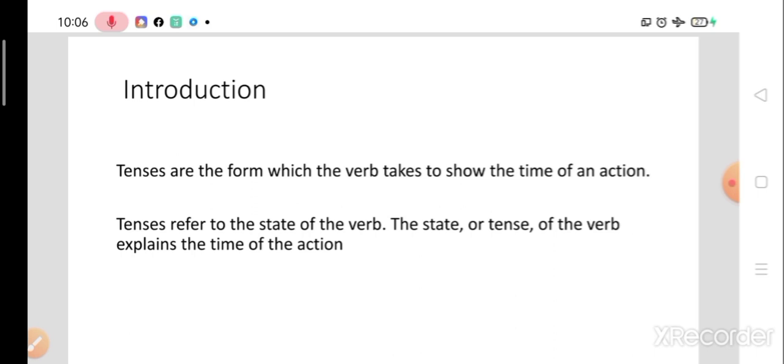So the verb is the word which tells us when the action has taken place, or will take place, or is right now continuing. So tenses refer to the state of the verb. The tense of the verb explains the time of the action, like when the action has taken place.